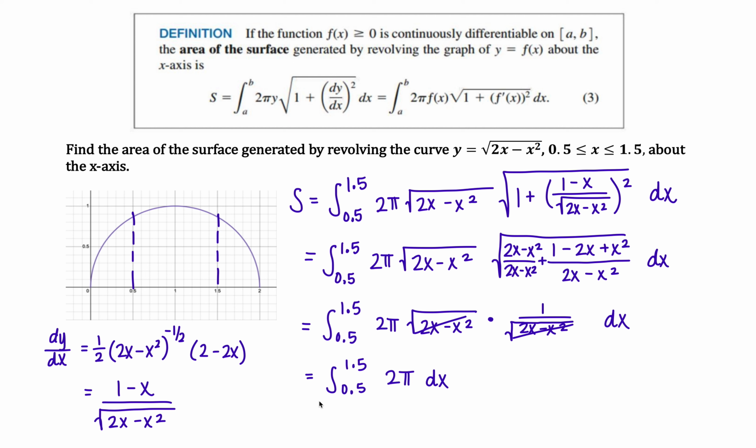And remember that 2 pi can go in front of the integral if you want it to. When we integrate, we have 2 pi times x, and we're going to evaluate that from 0.5 to 1.5. So when we subtract, we get 2 pi times 1. So here the surface area is just 2 pi.